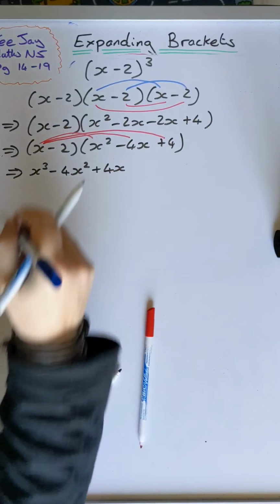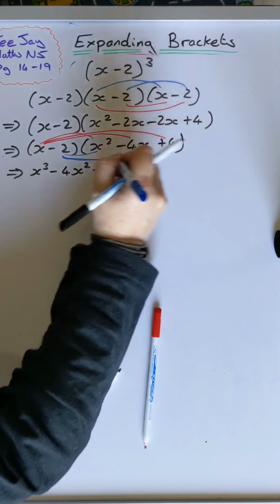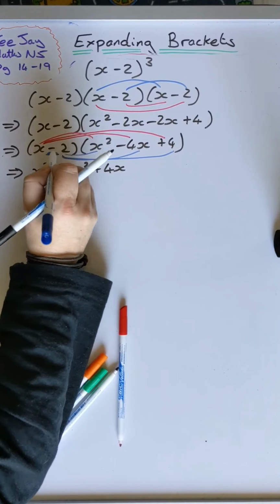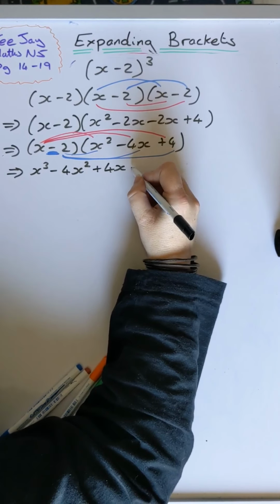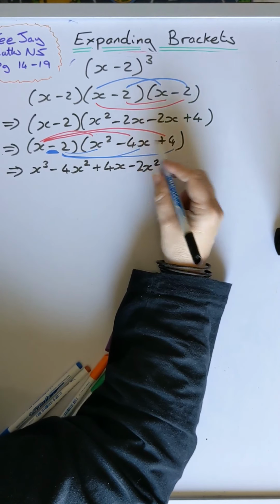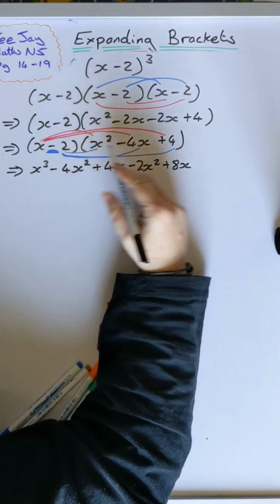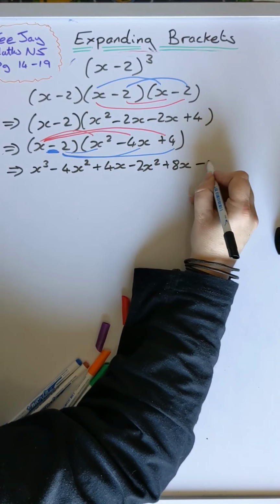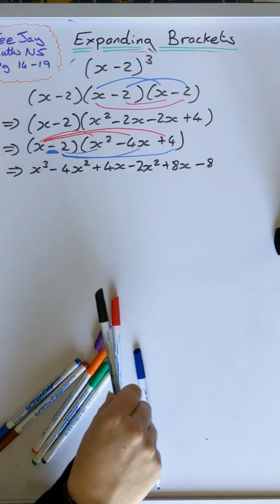And then I'll go to my other rainbow, and remember this is a minus 2 here. So I've got minus 2 times x squared, so that's minus 2x squared. Minus 2 times minus 4 is plus 8x's. Minus 2 times 4, so that's minus 8. And now I just need to collect all my like terms.